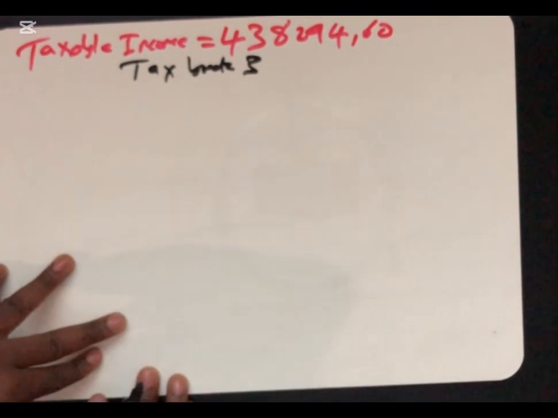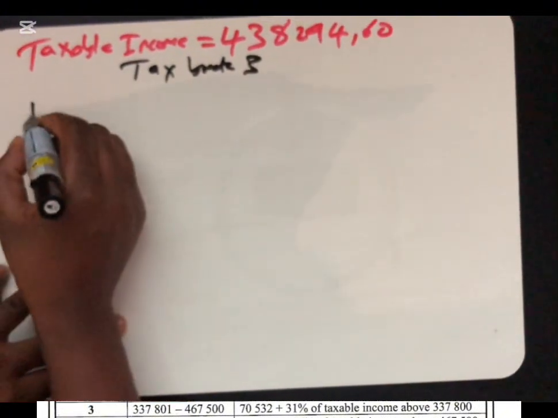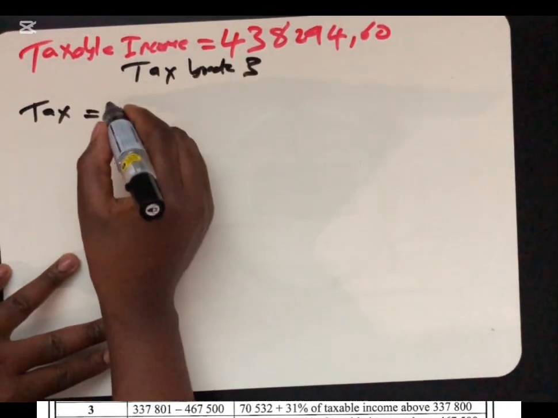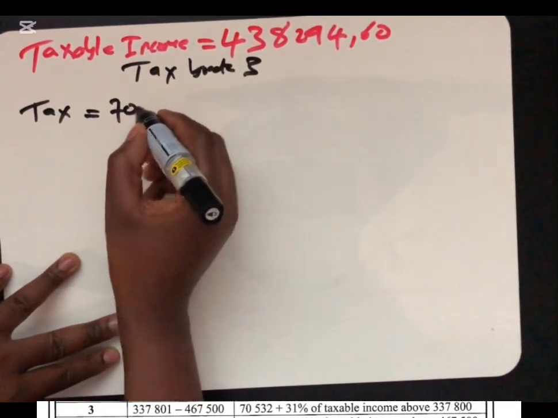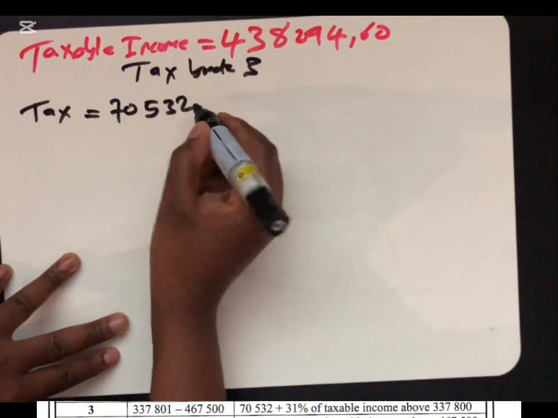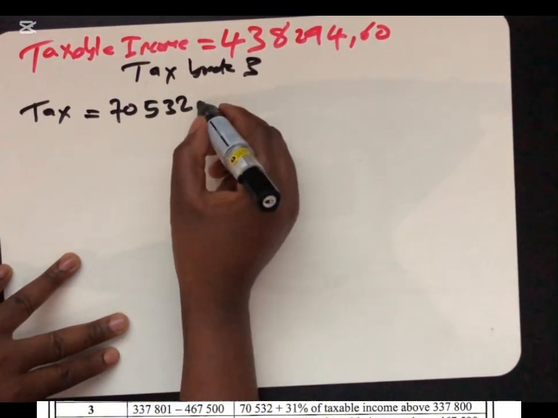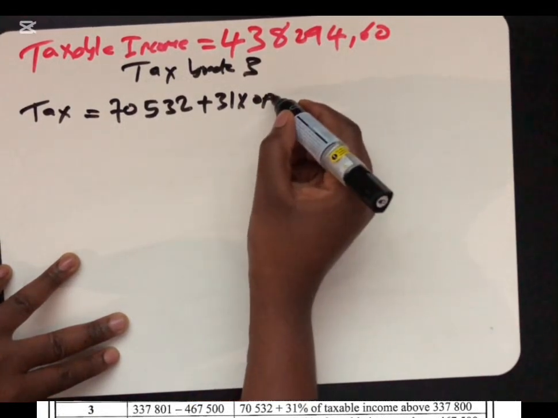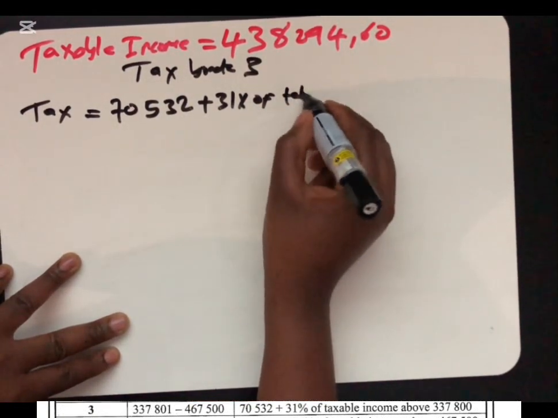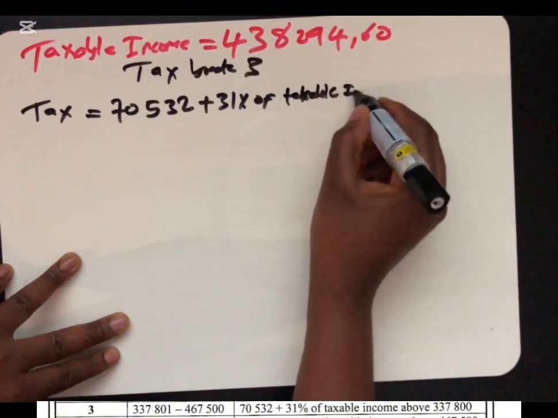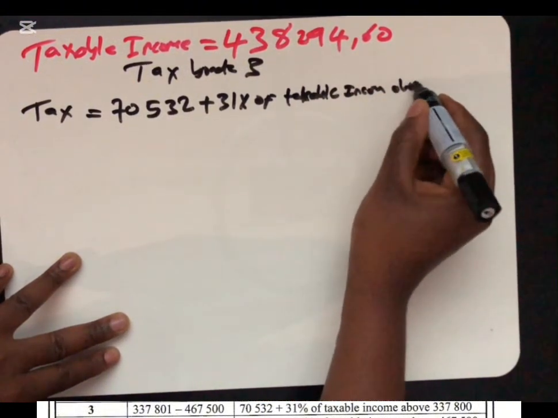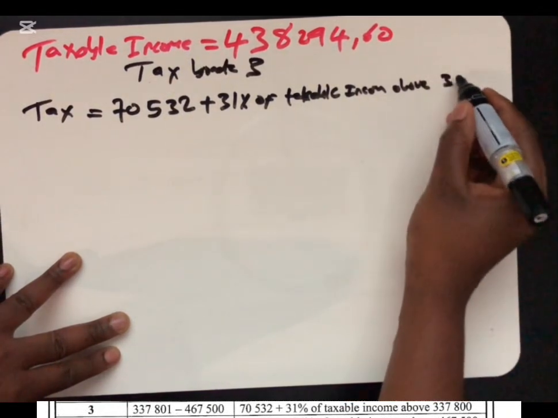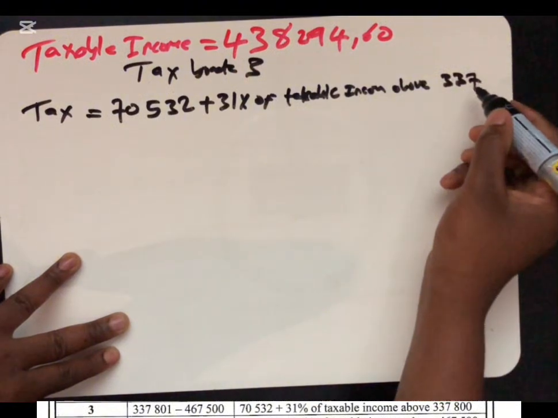If we look at tax bracket number 3 here, we are now going to say tax is equal to 70,532 plus 31% of taxable income above 337,800.